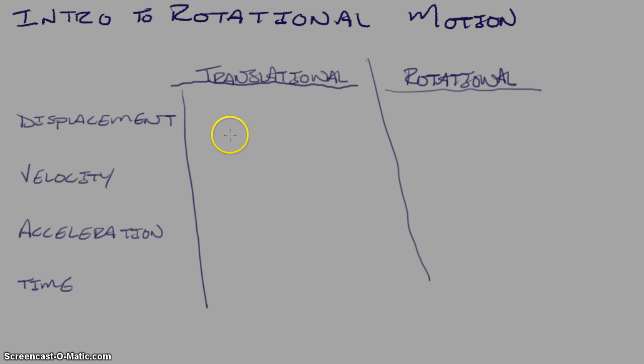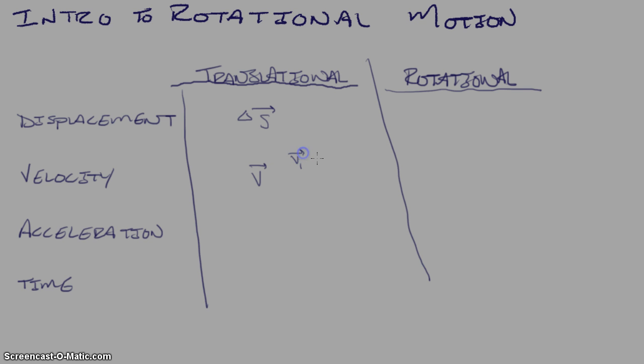So first of all, we're going to learn to translate symbols. The generic symbol for displacement, with translational kinematics, is delta S, change in spatial location. With velocity, we have V. And we know there's multiple flavors of V, right?